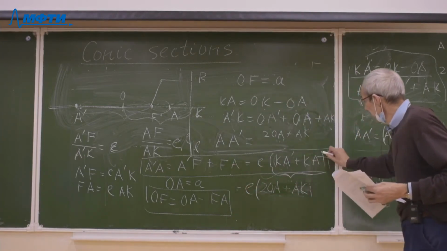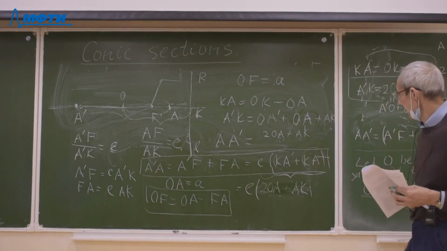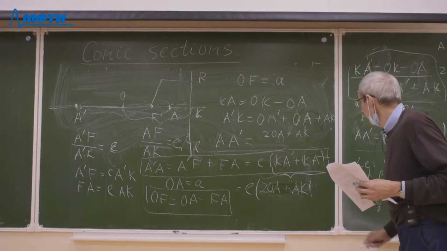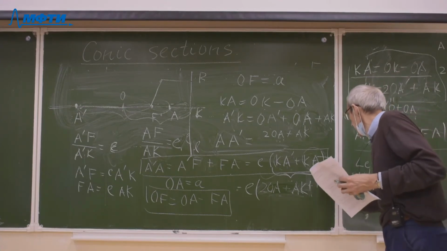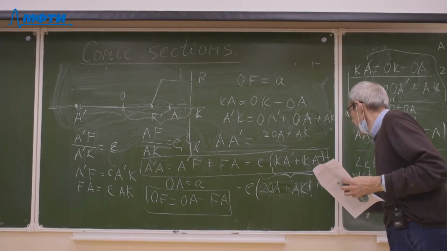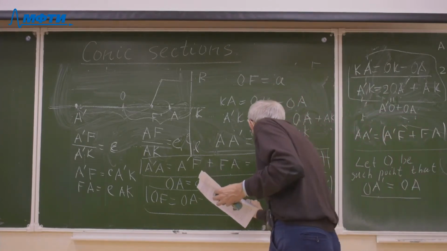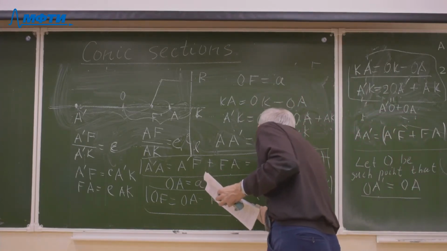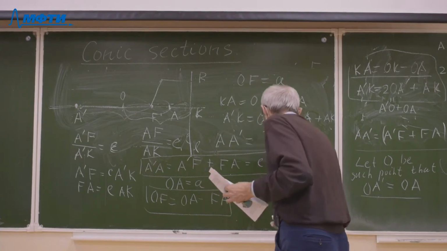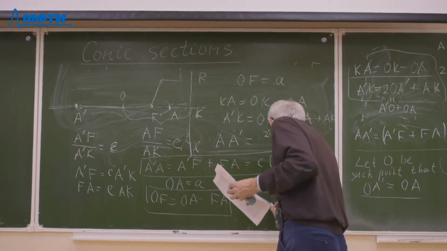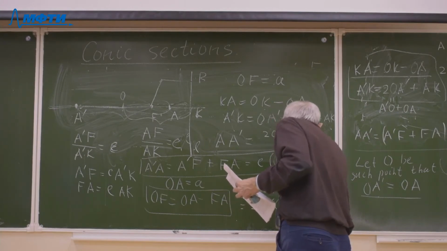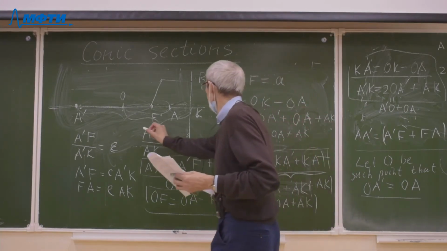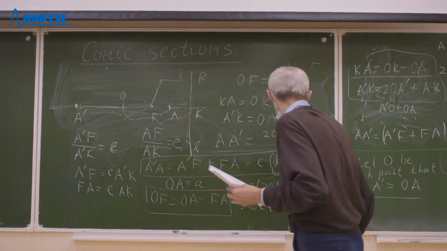And the other summand which also equal AK. And we obtain this equality is equal to e. OA plus AK is exactly equal OK.